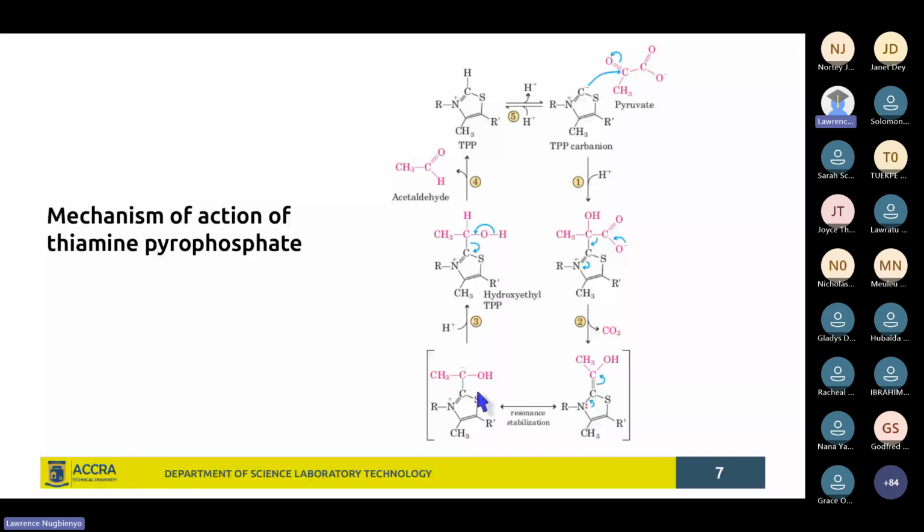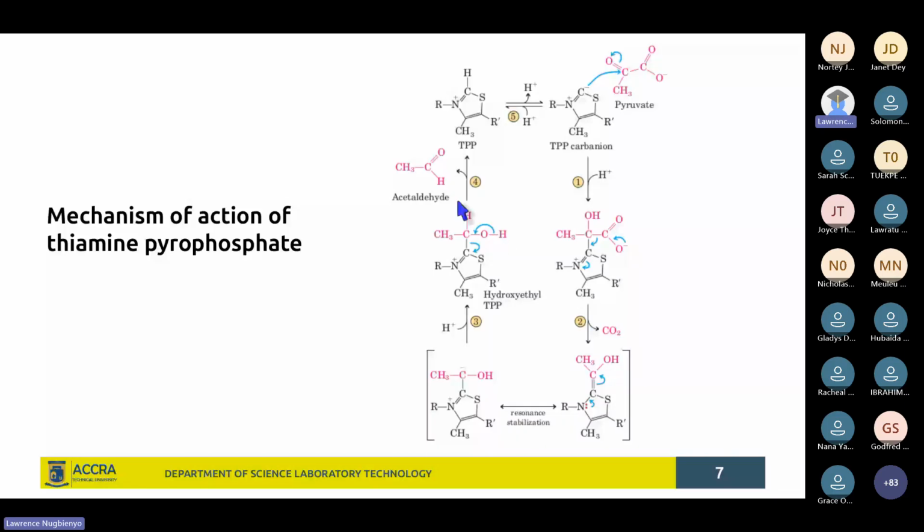And so quickly, you have a third reaction where, if you have that carbanion, because the carbon is carrying a negative charge on it, it can easily attract a proton. And so you see in the next reaction, a proton, H+, reaction number 3, is coming to bind onto that carbon there. And the next thing you see is that you have that hydroxyl group being oxidized to an aldehyde group.